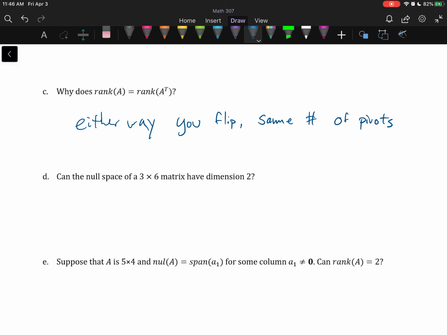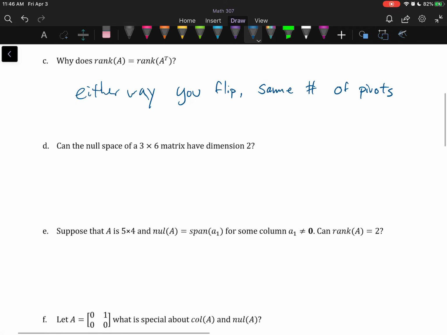Can the null space of a 3 by 6 matrix have dimension 2? Actually, was this one on the video that I did last time, for maybe section 5.3-ish? Can the null space have dimension 2?